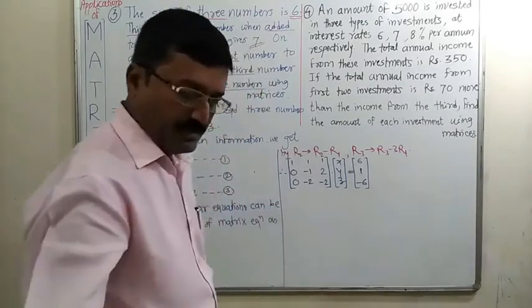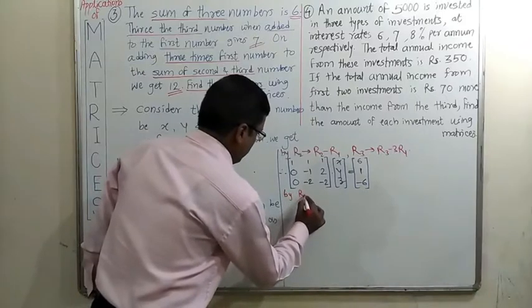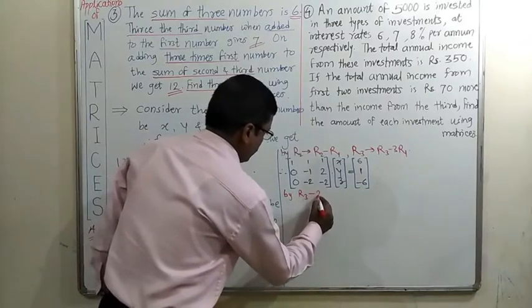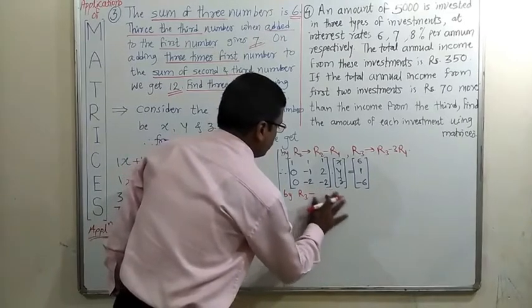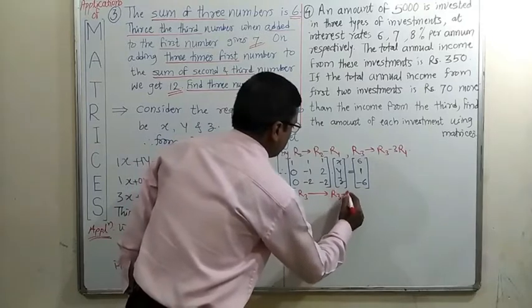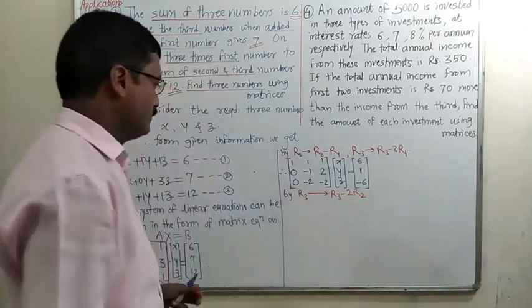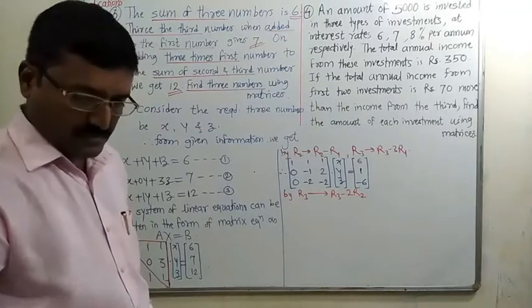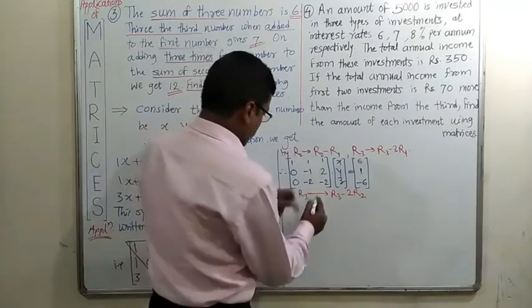So the next step will be R3 implies R3 minus 2 times R2. By this operation, this minus 2 element will become 0.